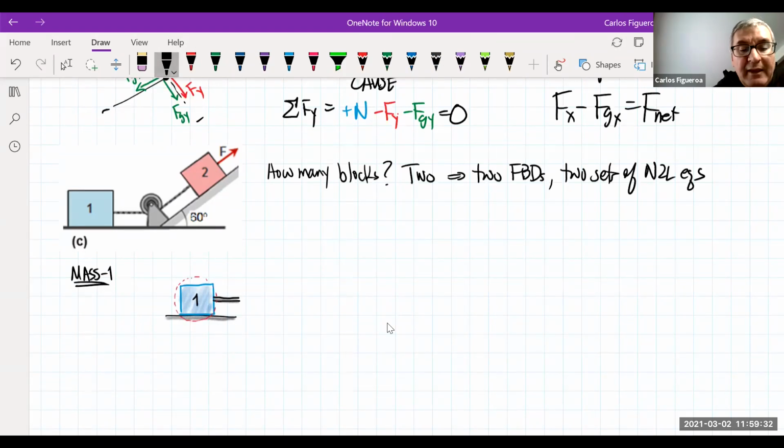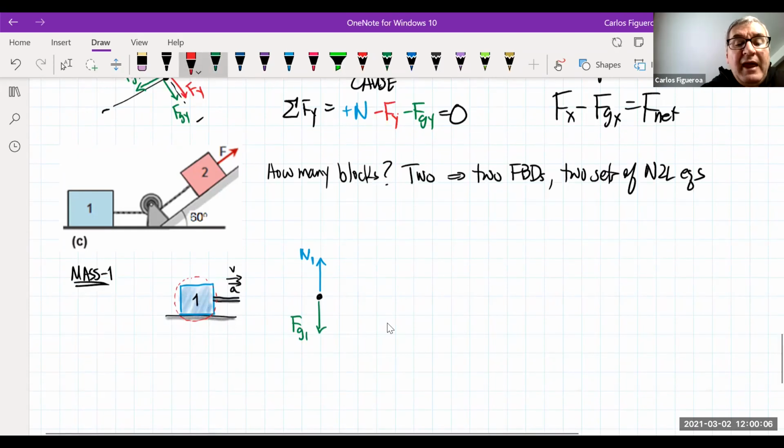As I isolate it, I replace this with its center of mass. Since this is being accelerated to the right, that's the premise in these problems, it's in static equilibrium vertically. So the normal on block 1 must equal the force of gravity of block 1. The only thing that's accelerating this to the right has to be the tension.